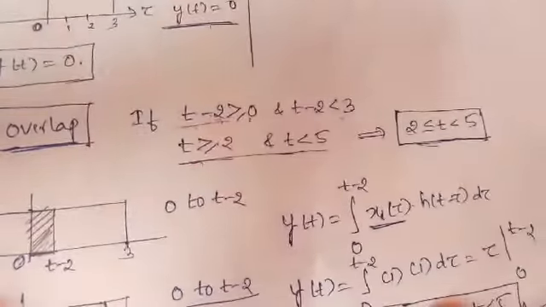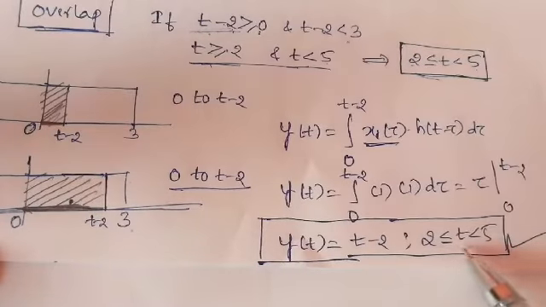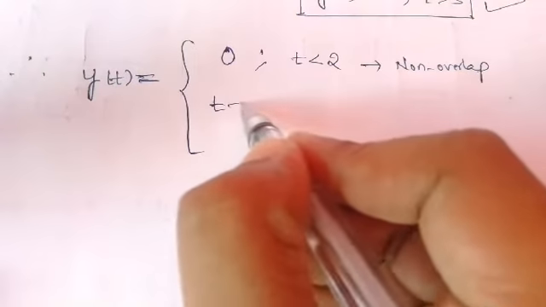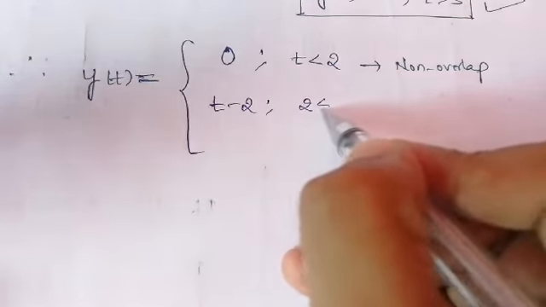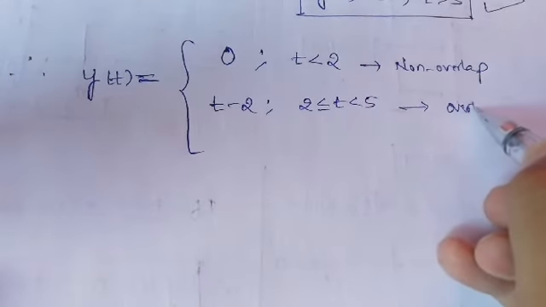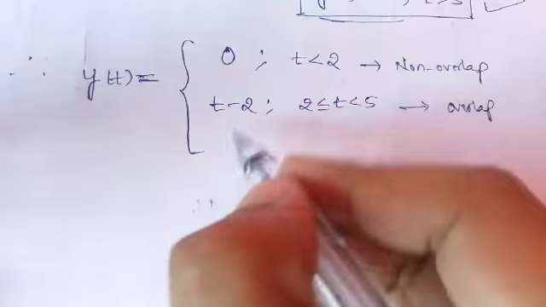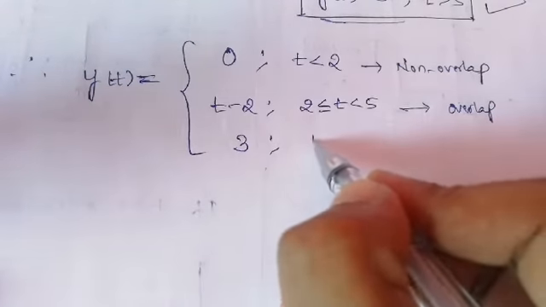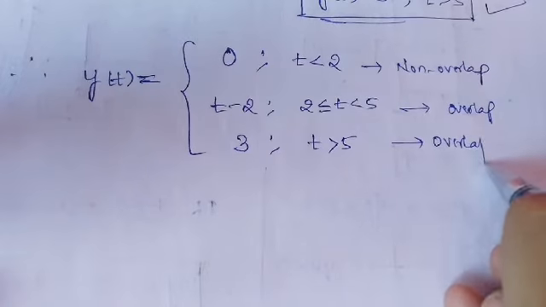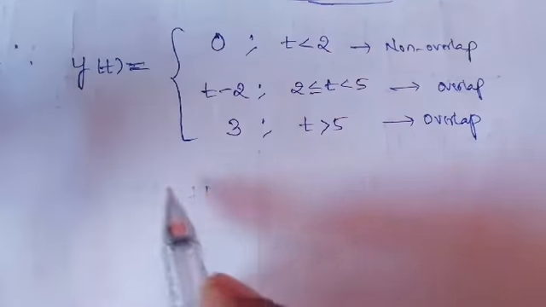Those are, if the value of t lies between 2 to 5, y of t is t minus 2, overlap. Next, last case, y of t equal to 3 if the value of t is greater than 5, it is also overlap. So let us sketch the result.